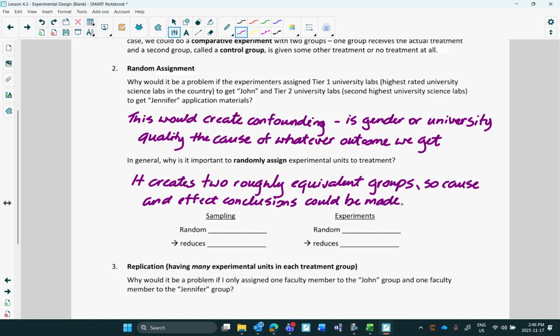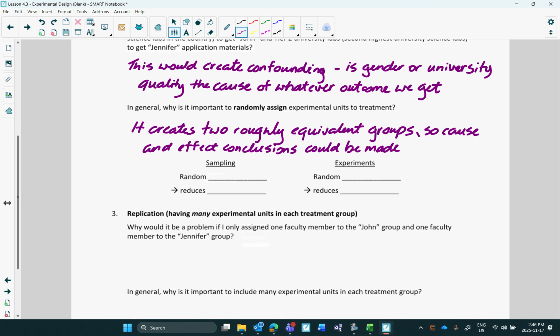And again, that's really kind of a way to say control. Something to remember between sampling and experiments. Random sampling, we talked about this earlier in the unit, reduces bias. Okay?